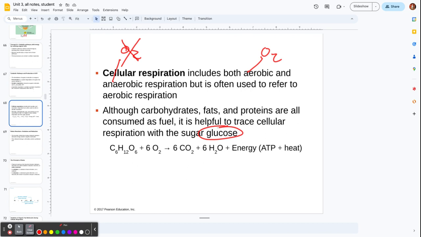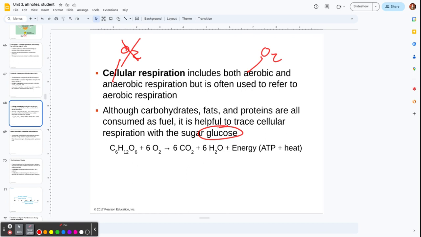We'll spend a little bit of time, but not much, on fats and proteins. But keep in mind that it isn't just glucose that's getting used in cell respiration. It's every part of your food. Even the nucleic acids, the DNA, even that is getting broken down and being used. But the proteins, the fats, all of those things are being used to produce ATP. We're just going to talk about one carbohydrate, and that carbohydrate is going to be glucose.